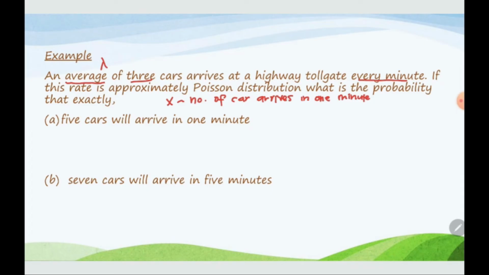So for part A, because the question asks in 1 minute, X is distributed with Poisson distribution where lambda is 3.